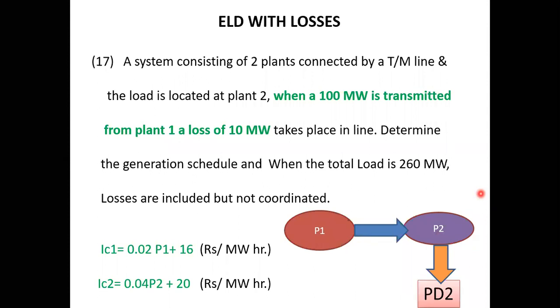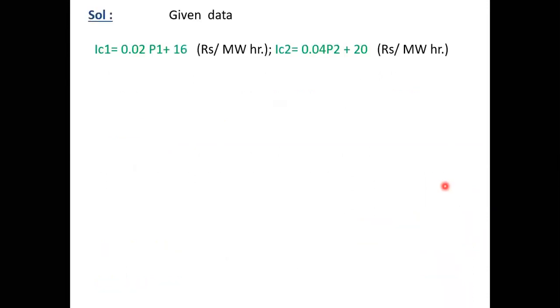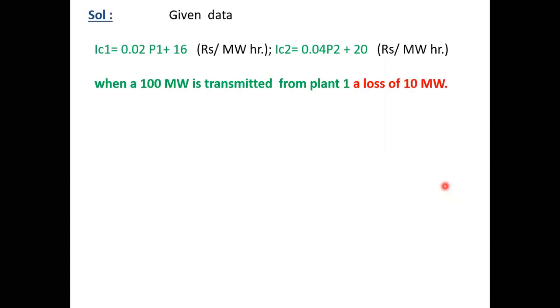First point is to write the given data. What is the given data here? IC1 and IC2. One more given data is the statement related to the loss: when 100 megawatt is transmitted from plant 1, a loss of 10 megawatt occurs in the transmission line.